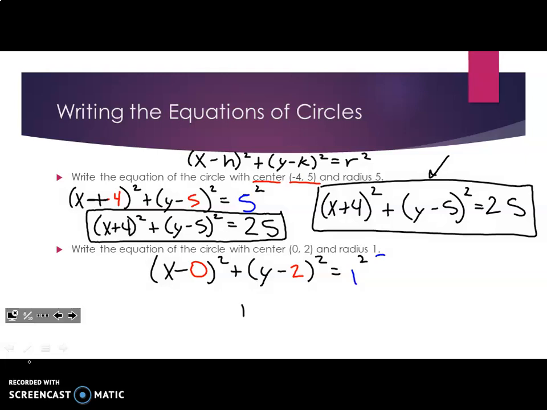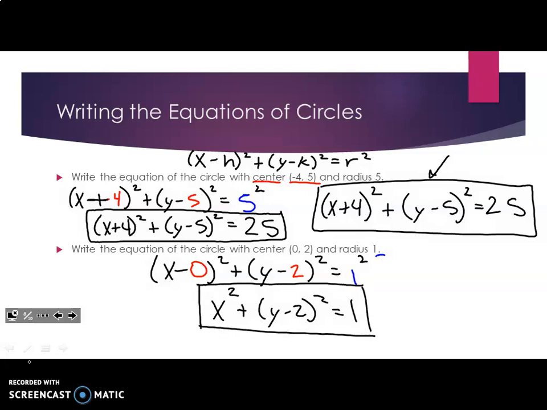So y minus 2 squared, nothing I can do there. 1 squared, hopefully you remember, 1 times 1 is 1. And then I have an x minus 0 squared. I don't want to leave that as x minus 0. That's not simplified. What is x minus 0? Well, x minus 0 would just be x. So I end up with x squared plus y minus 2 squared equals 1. There's my answer. And that's the trick.